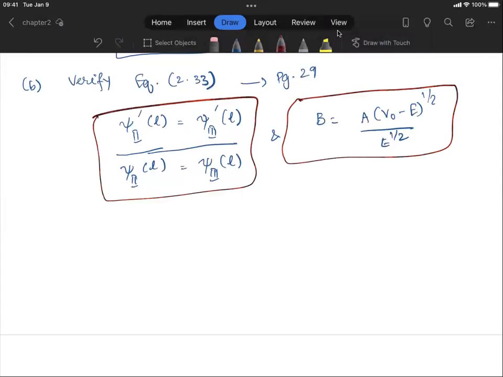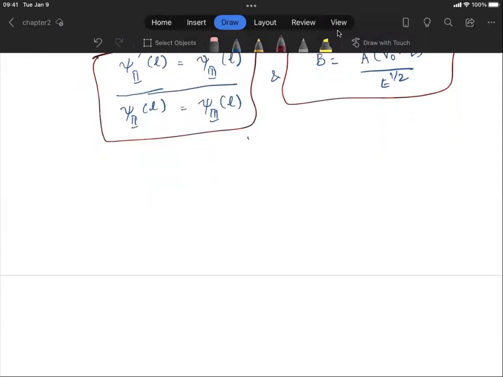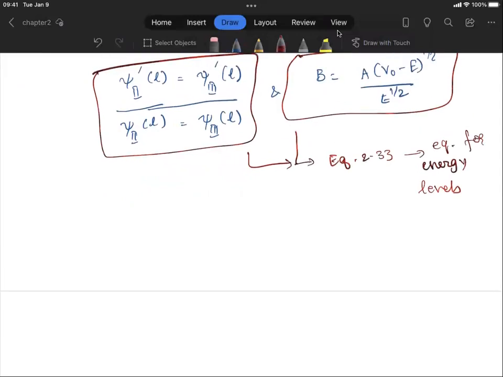And that is the equation for energy levels. These two would combine to give us the equation for energy levels. Cool. So let's start.